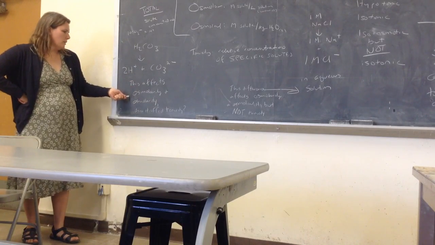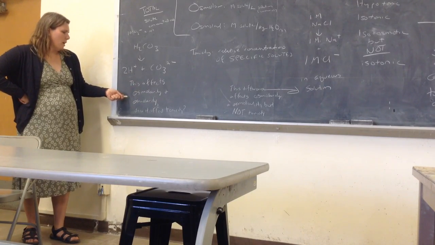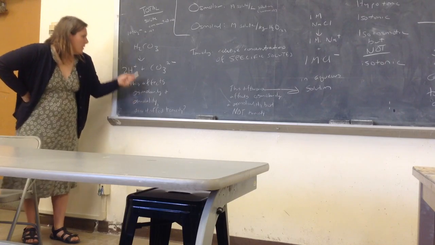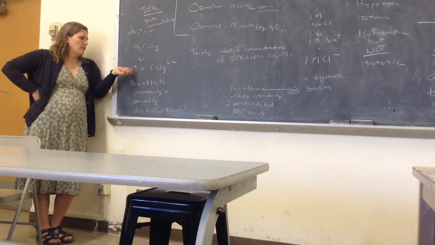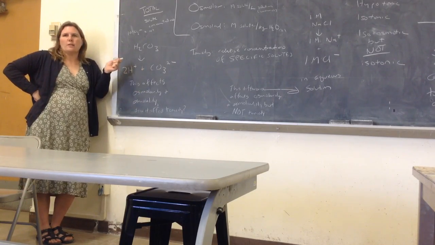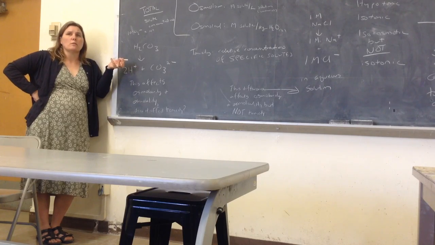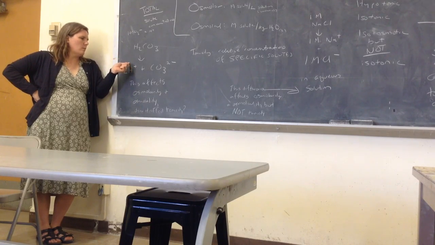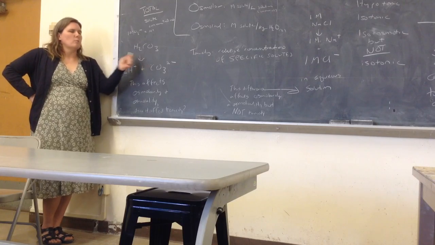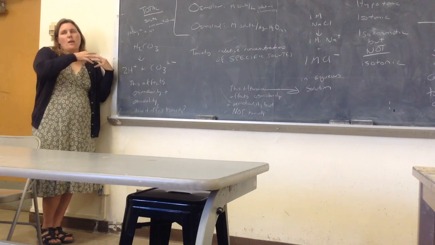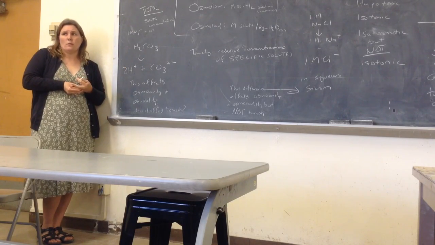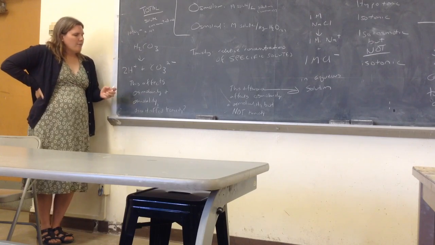So this affects its osmolarity and osmolality, right? Because you have 1 mole of this, now you have 2 moles of this and 1 mole of this, which is 3 total moles. Because you have 2 times a mole of hydrogen plus a mole of carbonate, and then that's 3 moles total in solution, right? Does it affect tonicity?